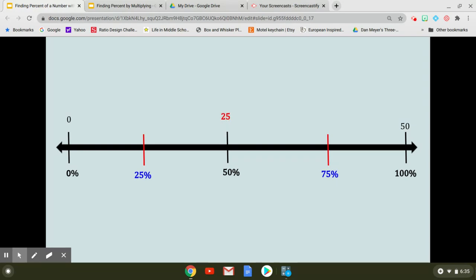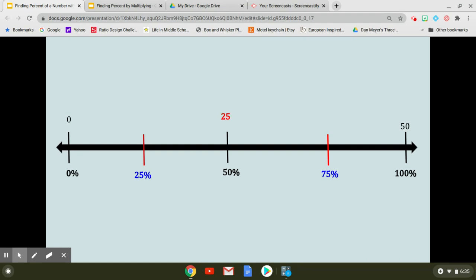In this slide, I'm going to think of what 25% of a number might be and 75% of a number. If I know half of the number 50 is 25, so 50% of 50 is 25, then I can think about what 25% of that number might be.